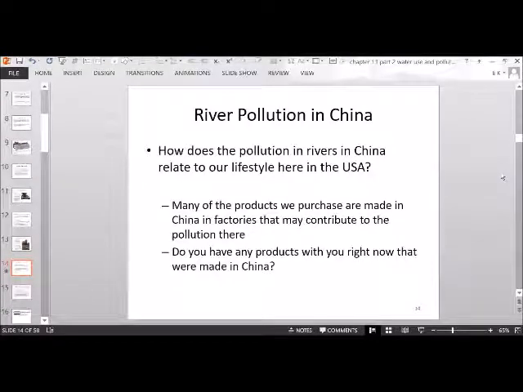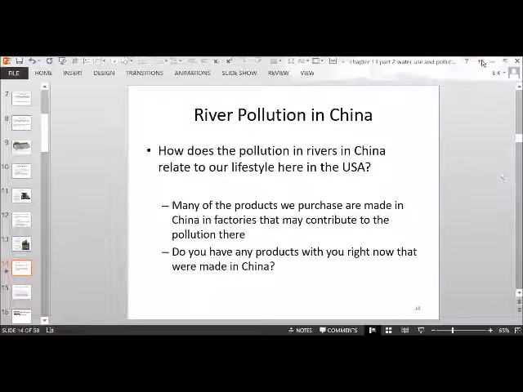Now, we could also think about how this river pollution in China relates to our lifestyle here in the US. And when you look around you, you might have a lot of products that say made in China. So many of the products that we purchase are made in these factories in China that may have contributed to the pollution.